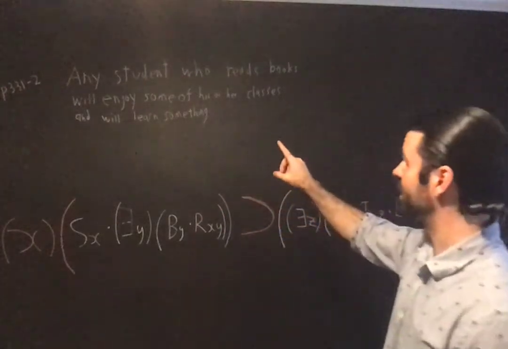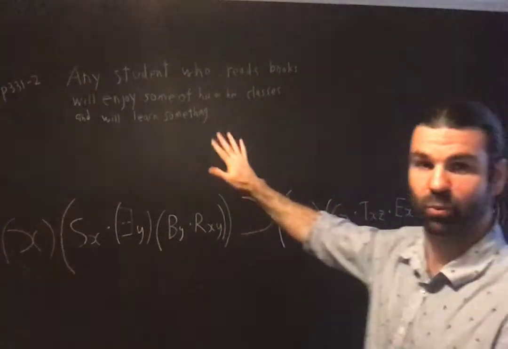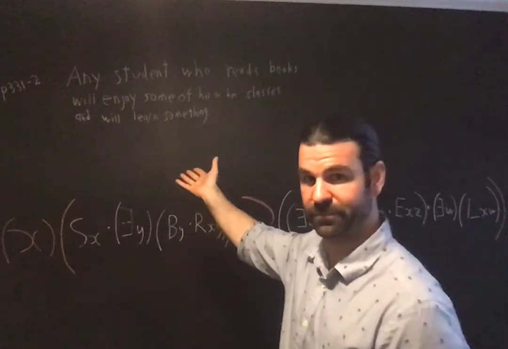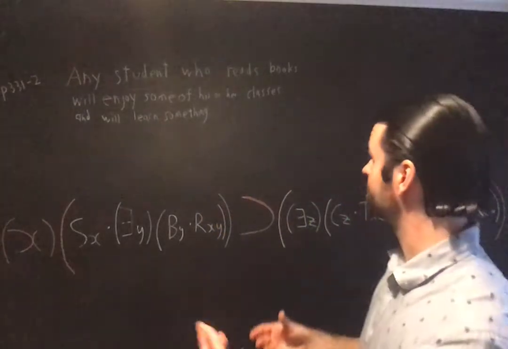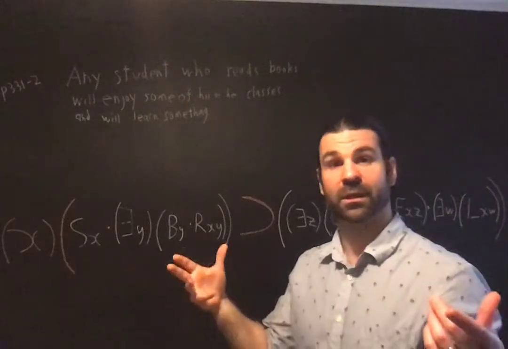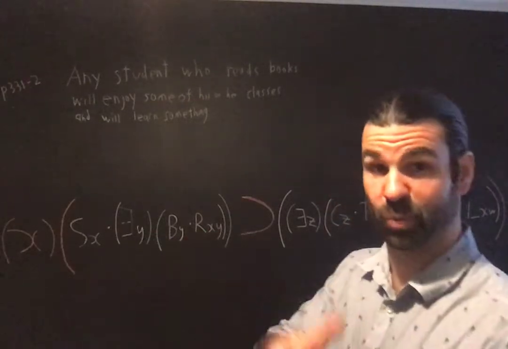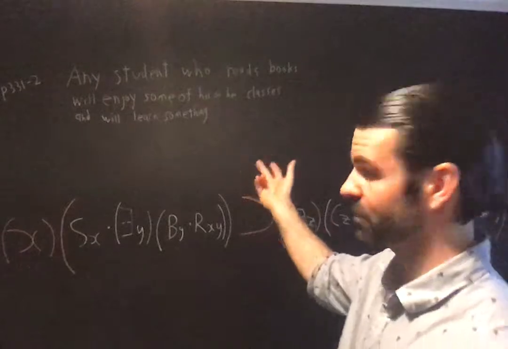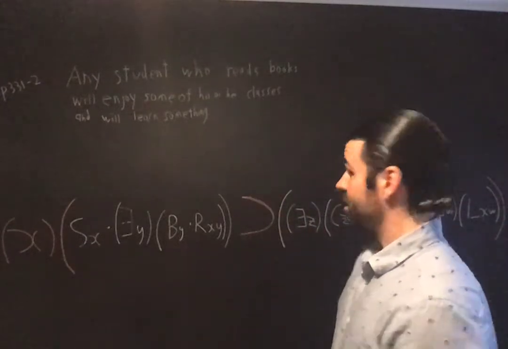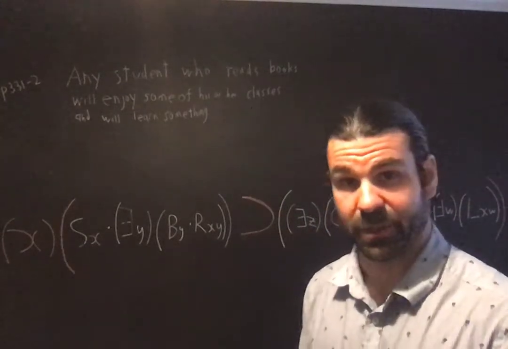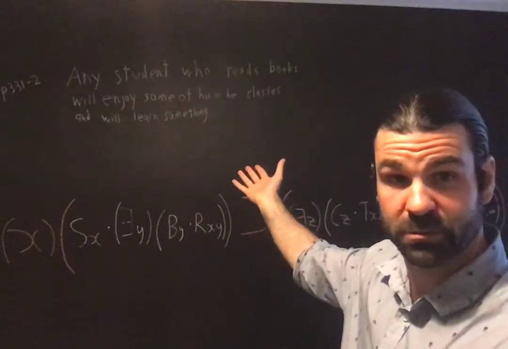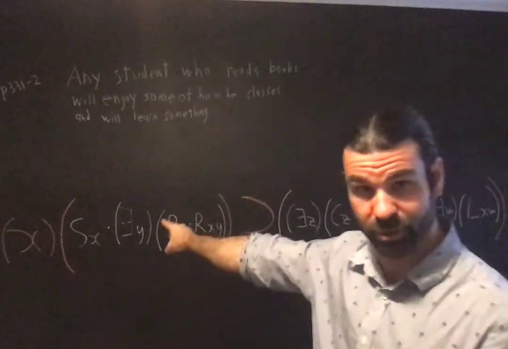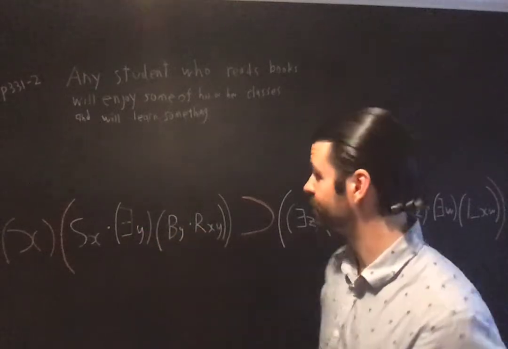What's the verb, right? So, will enjoy. You're predicating of all those in the subject class that they will enjoy some of their classes and also learn something. So the subject then is students who read books, right? And it's any, of course, a universal quantifier, so that's for all x.